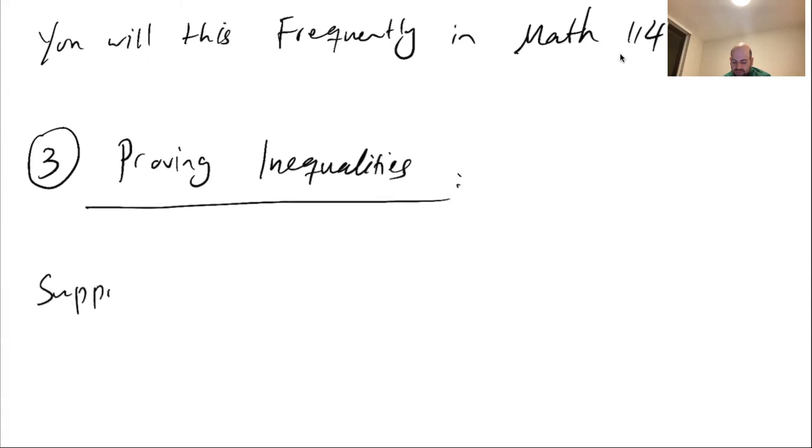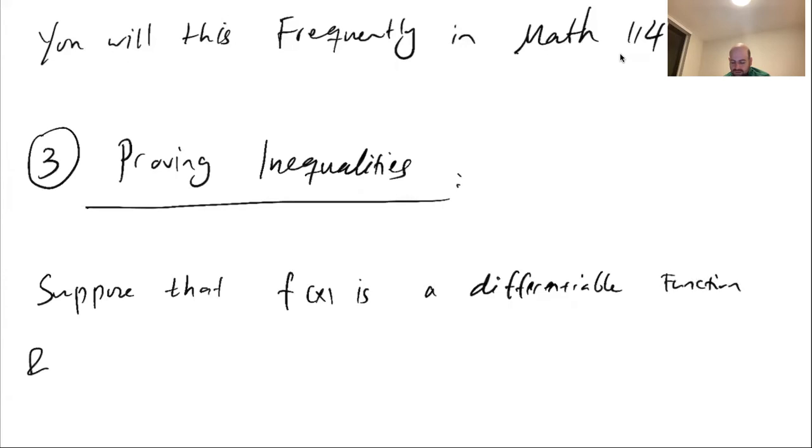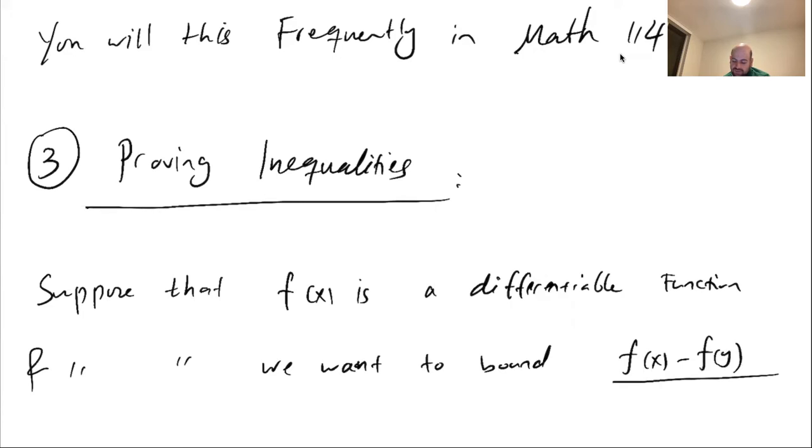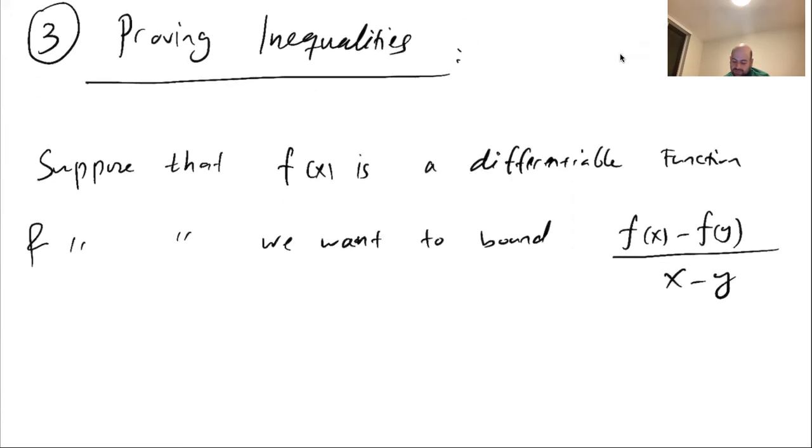So suppose that f of x is a differentiable function, and suppose that we want to bound this quantity, let's say (f of x minus f of y) over (x minus y), for some x and y in the domain of f.